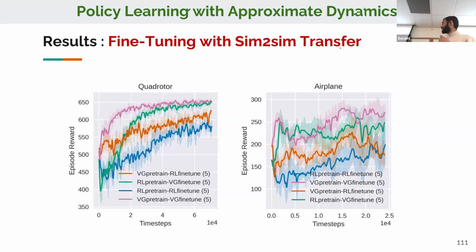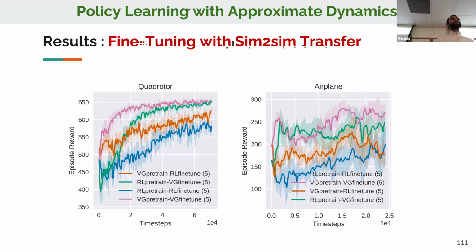And finally, instead of training your policies from scratch, if you're trying to fine-tune the policy in the transfer system by pre-training it first on the original simulator you might have had, here again, we have 4 different settings, where the pre-training itself can use the value gradient updates or be done with RL, and the fine-tuning itself can be done with value gradient or RL. What we observe, of course, as we did earlier, is that if we use the value gradient updates for the fine-tuning, you do get faster convergence.